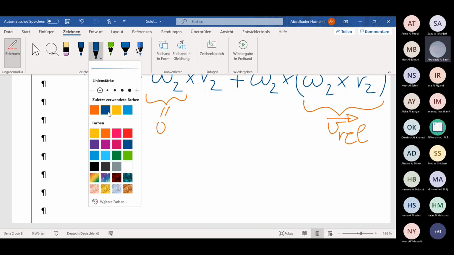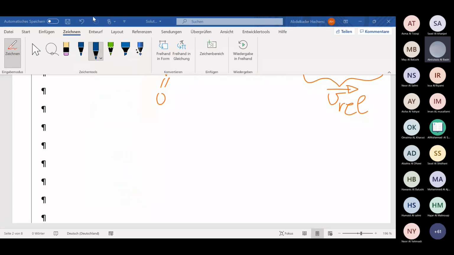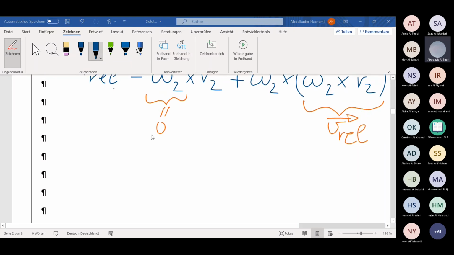Now, if I look at the components, then we have here equal to the component of omega 2 cross V relative. V relative we calculated in the first question.